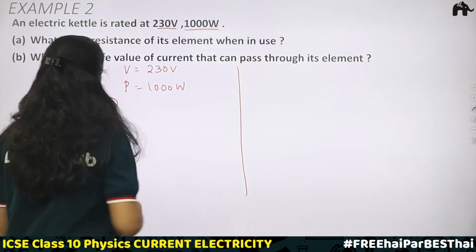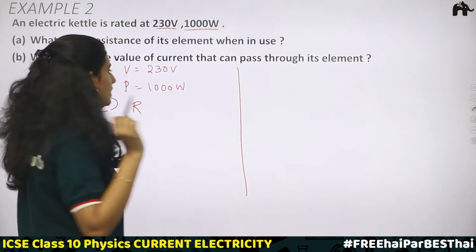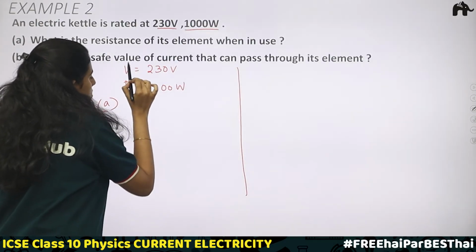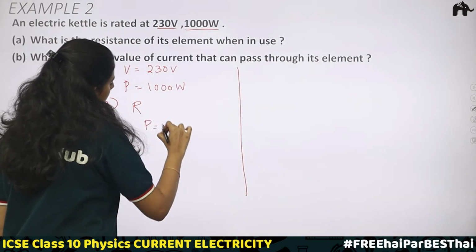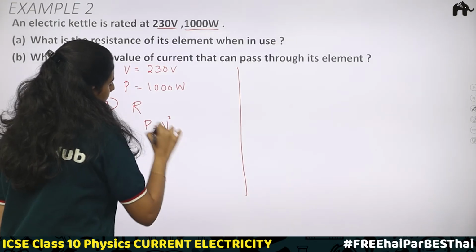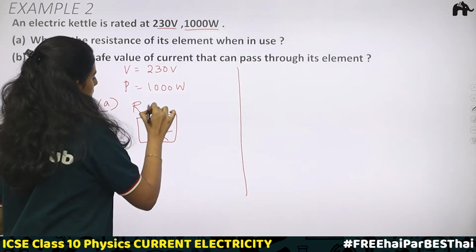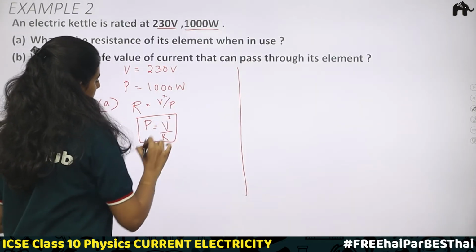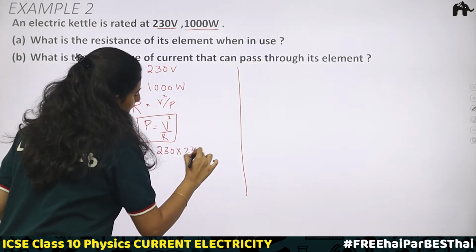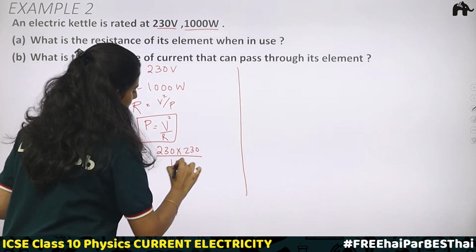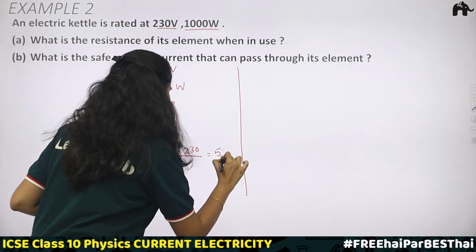A part of the question, we have to find the resistance of its element. How to find resistance? We need a relation that connects power, potential difference and resistance. We have power P is equal to V square divided by R, which means resistance will be equal to V square divided by P. What is V square divided by P? 230 into 230 divided by power 1000. 23 into 23, we will be getting 529.